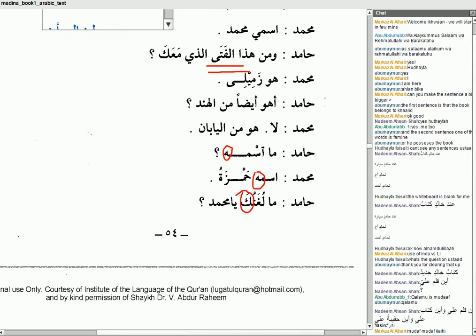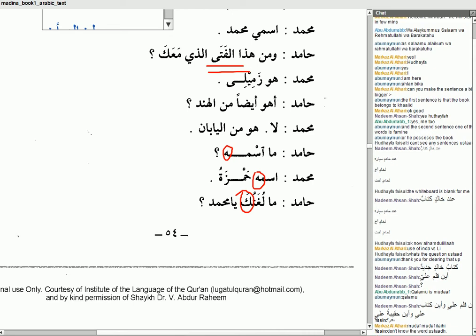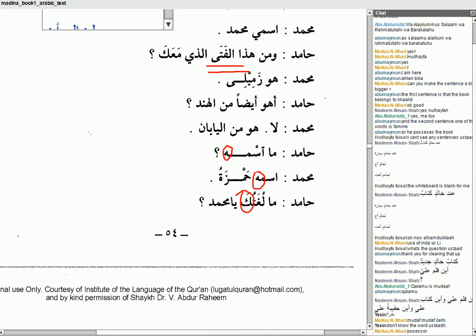So Ali, for example, is leaving the classroom, so we need to gather his things together. We say, where's Ali's pen? Where's Ali's book? Where's Ali's bag? You don't know the word, huh?